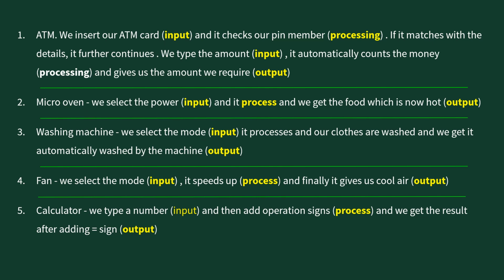Washing machine. We select the mode, we give a command and it processes it and we get our clothes automatically washed. And then the fan, we switch on, we select the mode, it speeds up and finally it gives us cool air. Next, calculator. Simply we type numbers and then add operations and we get the results.